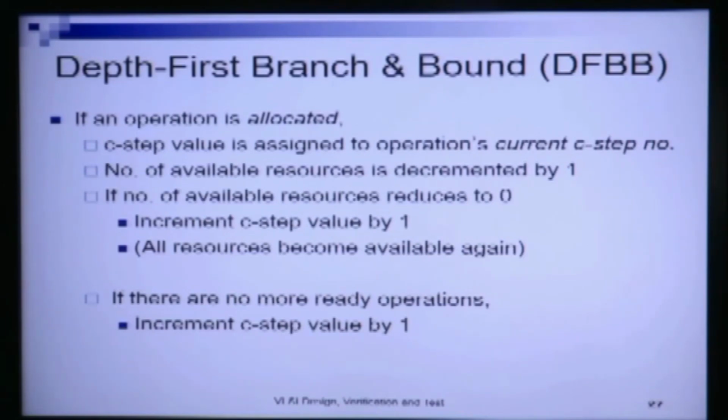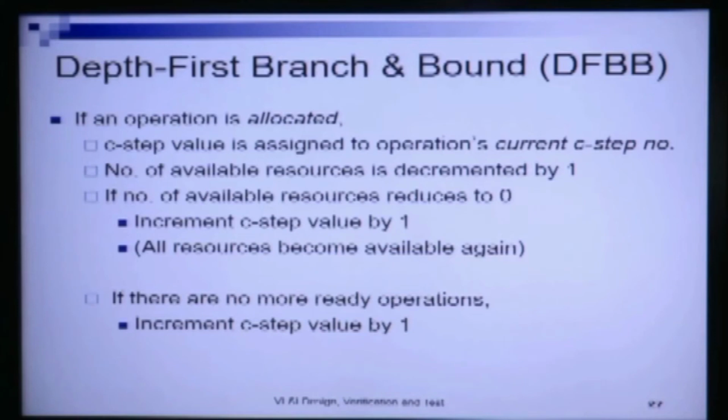Now, when we take a particular choice, that is, we actually allocate a certain operation on a resource, we assign a C-step value to the operation, and the number of available resources at that time step decreases by 1. If the number of resources decreases to 0, that means at this time step I have exhausted all my resources, then I must increase time to get back all my resources.